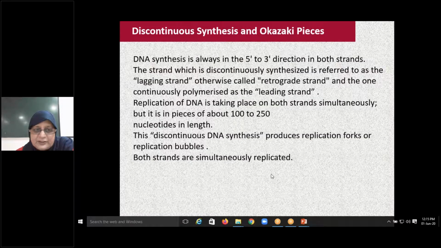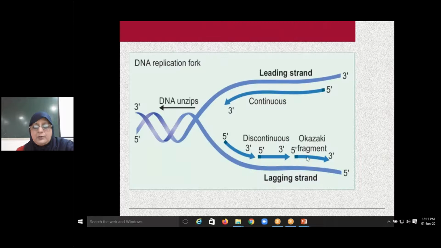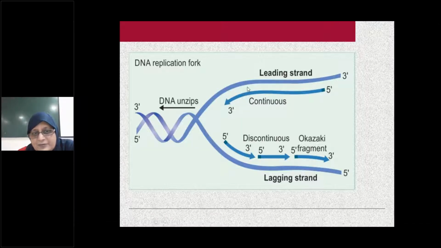So if you go back to the figure here, what we are saying is that synthesis of the new strand always occurs from 5' to 3' end. So helicase will go on unwinding. As it goes on unwinding, the deoxyribonucleotides will be added continuously in the leading strand. But in this lagging strand, what will happen?